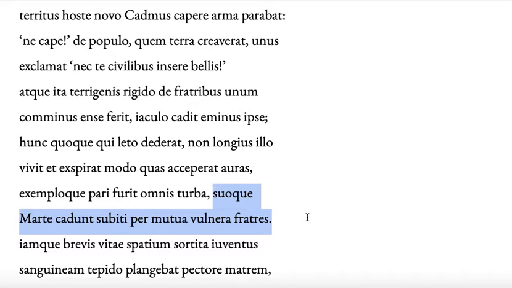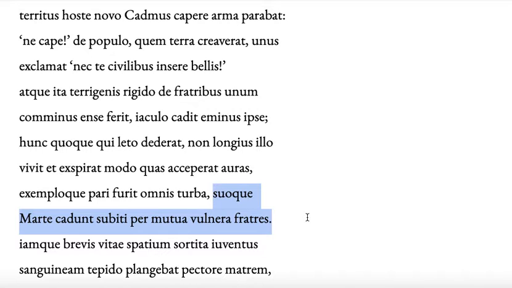They fall in their own war, suo Marte. So suo means their own, and it's reflexive, referring back to the subject. And then Marte, this is the god Mars, but here the god's name is being used to just mean war, in the same way that Venus can just mean love, as well as referring to the goddess Venus.